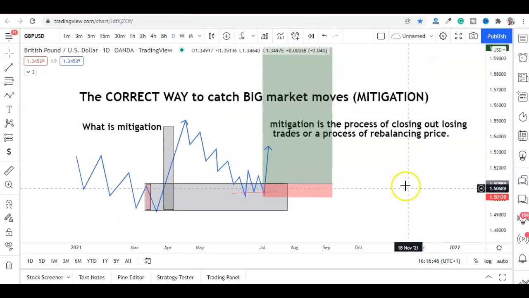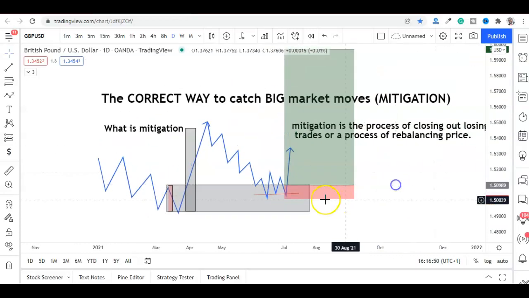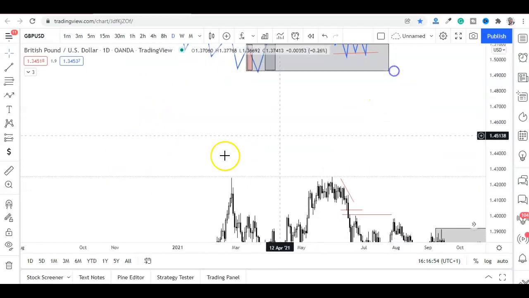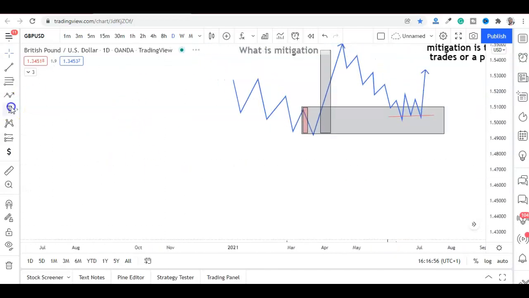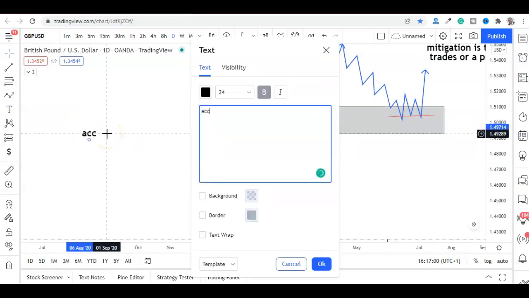Okay, now there are 4 places where you'll be expecting mitigation. The first one is at area of accumulation. The second one is area of distribution.